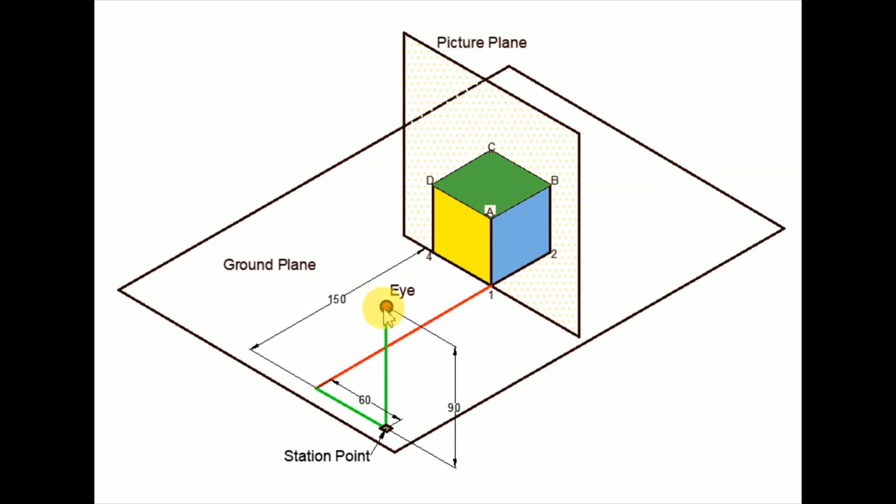The eye level is given to be 90 mm, whereas the maximum height of the object is 50 mm, since it is a cube of edge length 50. So from this information we can make out that since the eye level is higher, the observer will definitely get to see the top surface of the object. So in this case we should expect the bird's view.